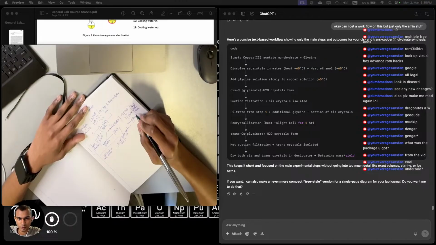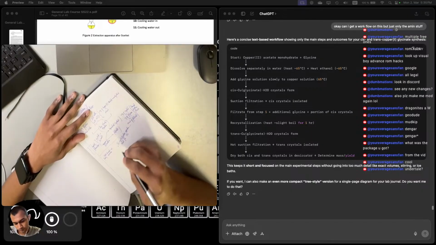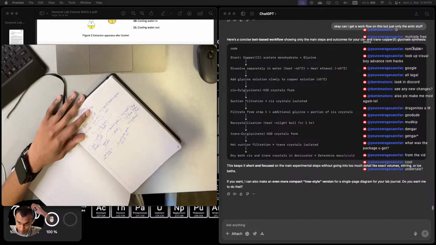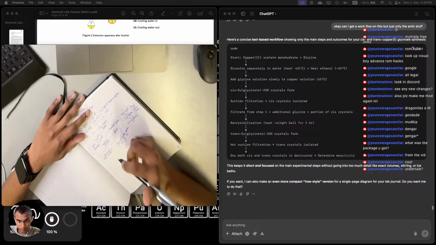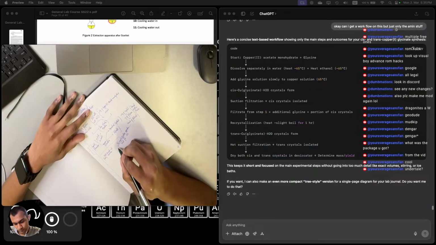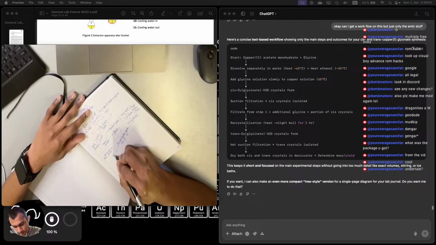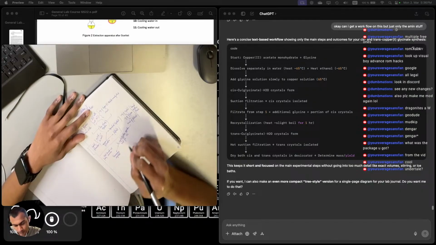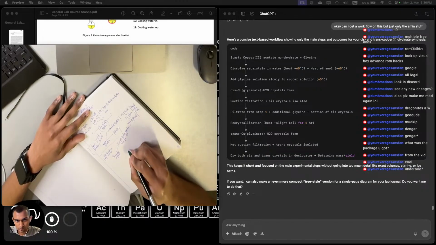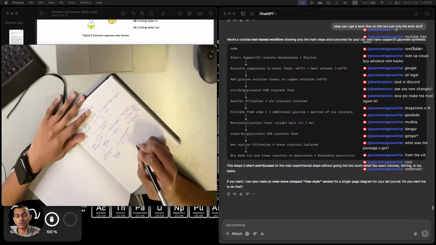Put your filter crucible in the oven. Remaining crystals. Cis crystals.